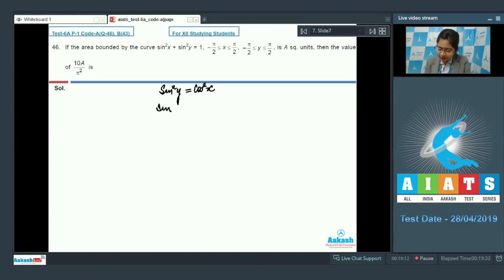So we have to find the area bounded by sin y equal to plus minus cos x, that is, y equal to plus minus sin inverse cos x. Now this can further be written as plus minus (pi by 2 minus cos inverse cos x).